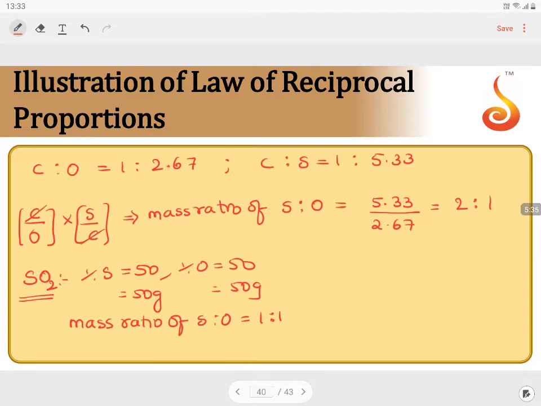Now, what is the relation between the theoretical mass ratio and the observed mass ratio?